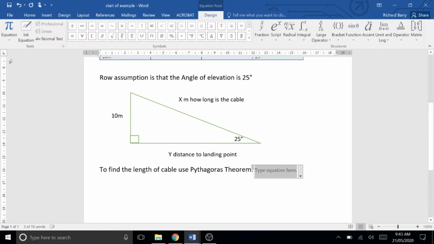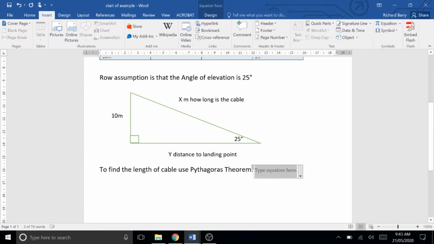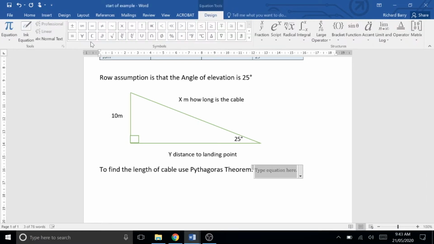So this is the first time, I did it too quick then. I've clicked up here and I've gone insert equation. Click on here. If ever you lose the equation, you click on the word design. So I'm going to use this symbol here because it looks a bit like a y squared.